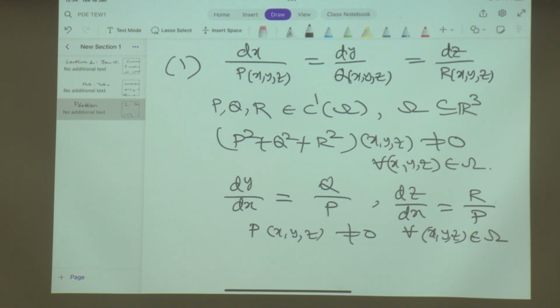Now we can try to relate equations 1 and 2, the relation between them. Okay? So what does 1 say? Hope I'm clear now.